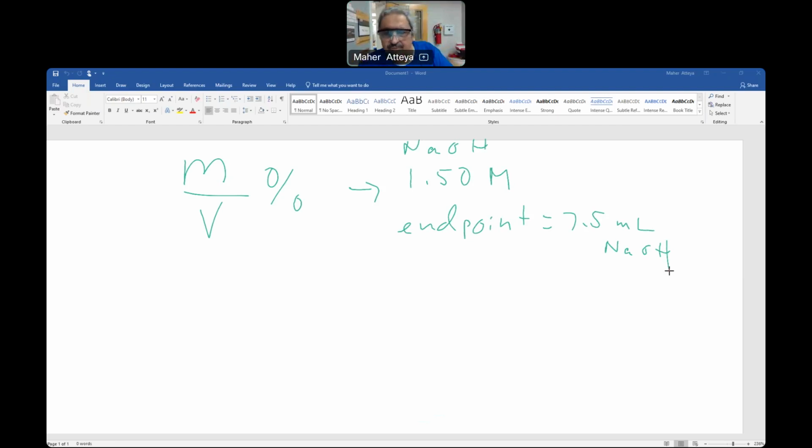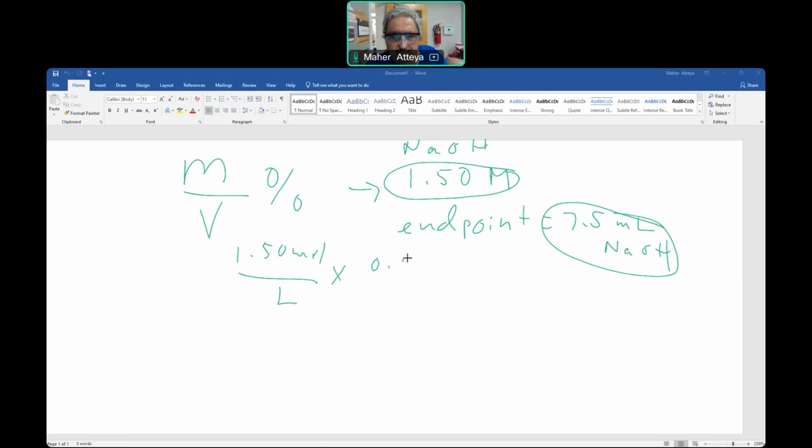Well, first of all, as I said, you take the molarity of sodium hydroxide and multiply it by the amount of sodium hydroxide you used to the endpoint, correct? So 1.50 mole per liter multiplied by 0.00750 liter over 1. This is moles of sodium hydroxide, correct?